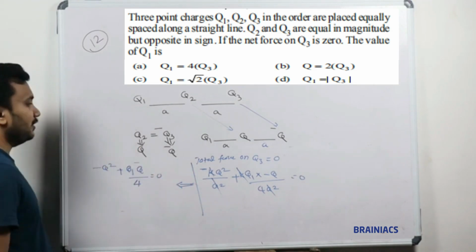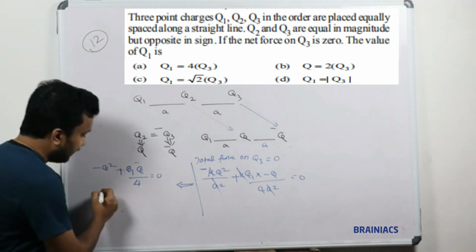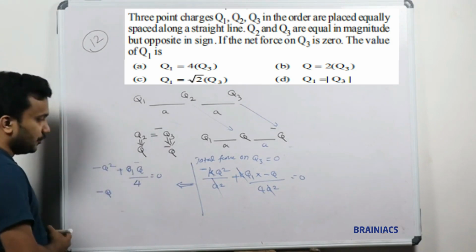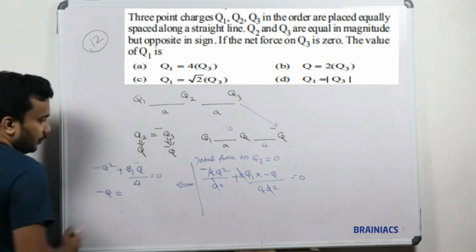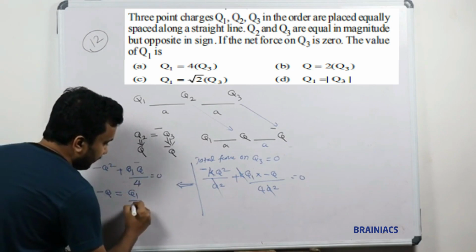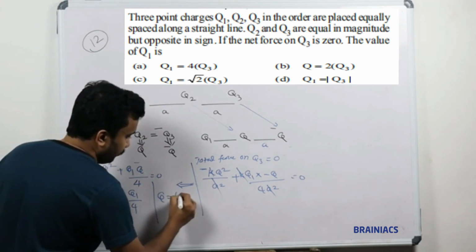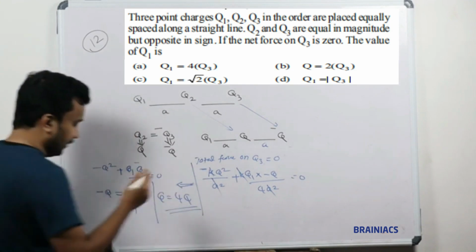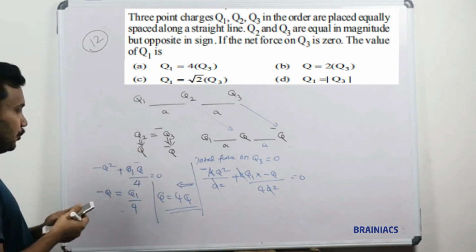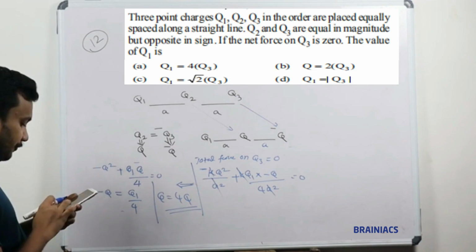I am taking one to the right side, so Q square will get cancelled. Here we have minus Q, taken to the right side, so it becomes Q1 divided by 4. So what do you get for Q1? Q1 will be equal to 4 times Q.